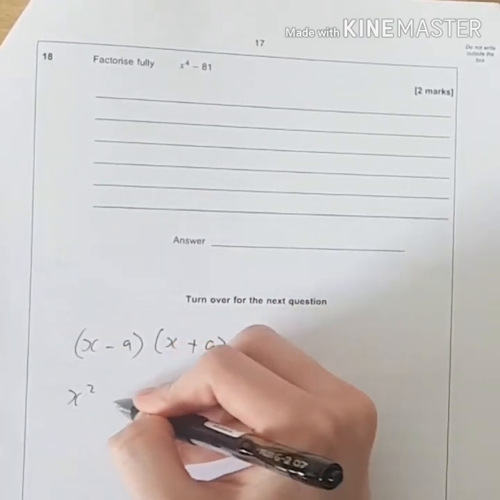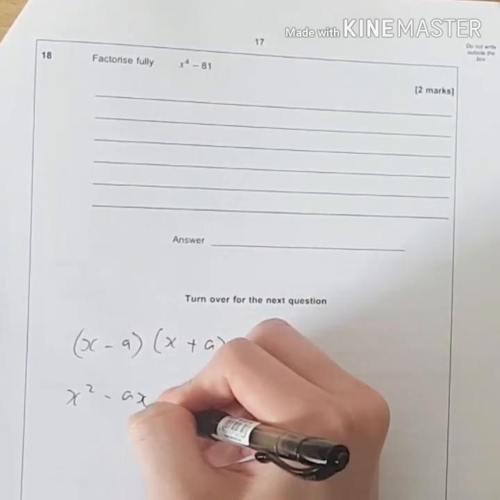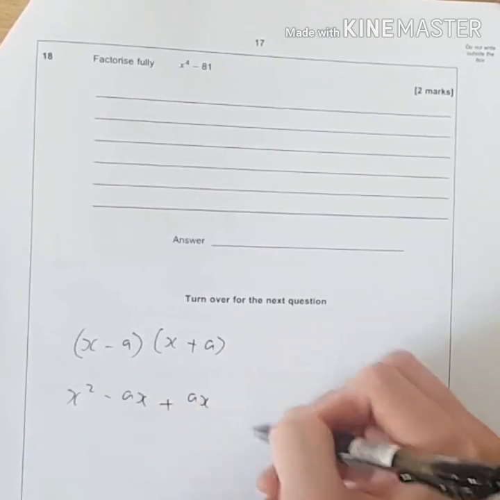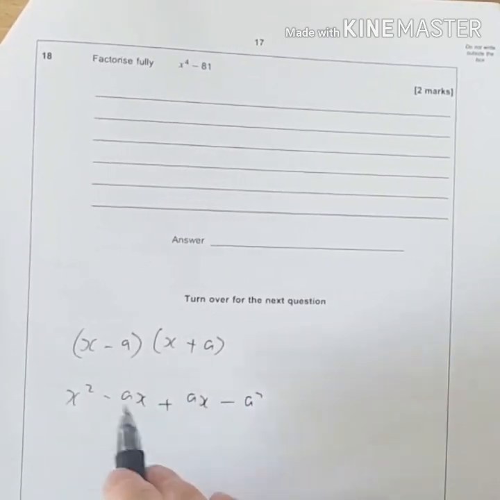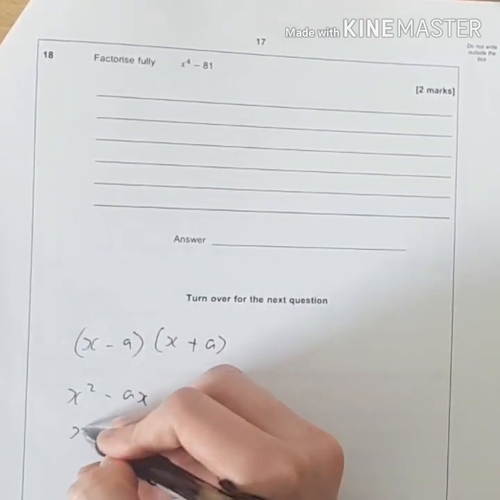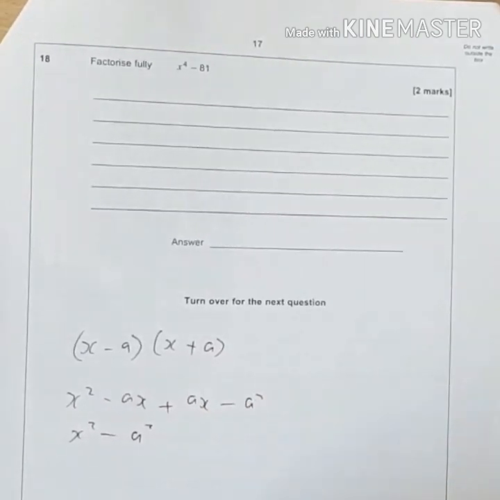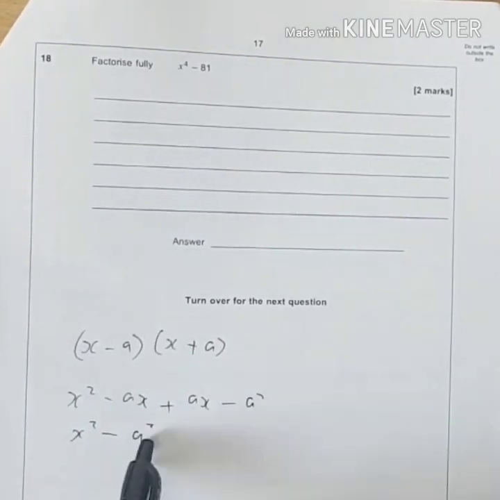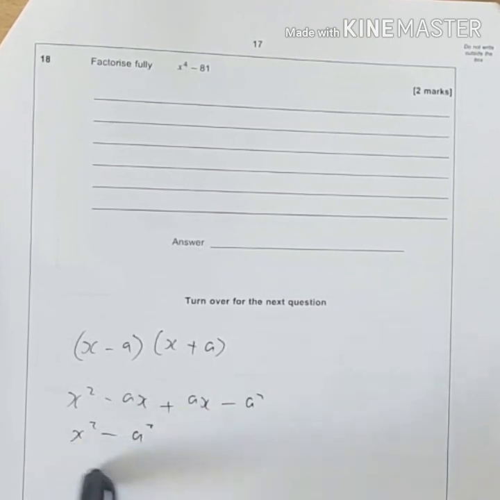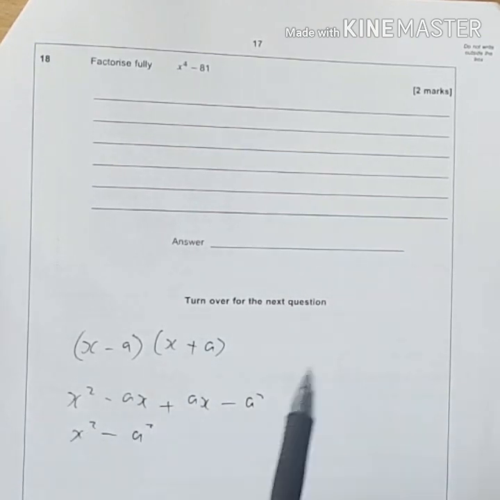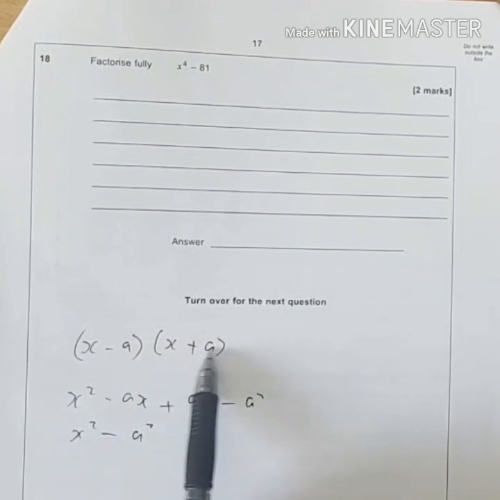You get x squared minus ax plus ax minus a squared, and those two cancel out, giving you x squared minus a squared. This is the difference of two squares because we have two square numbers and they are subtracted, and we know that if we have the difference of two squares, they can be factorized into this form.